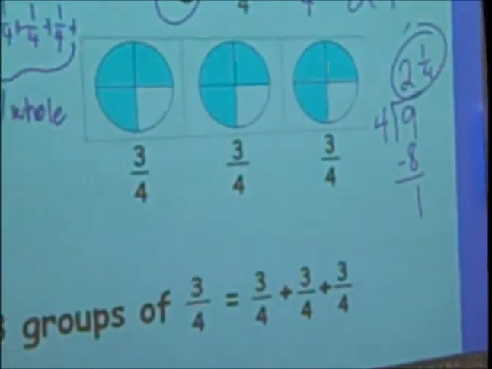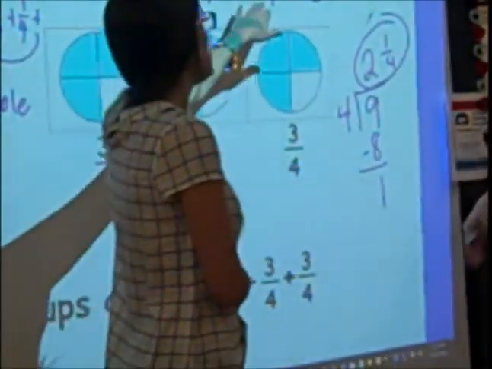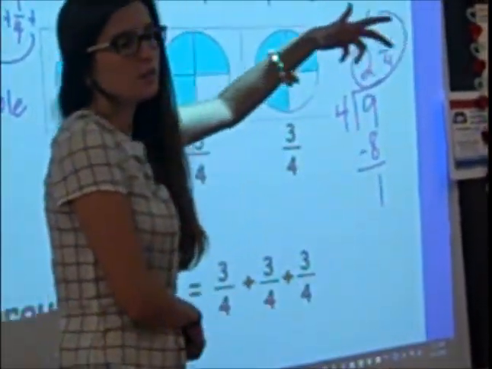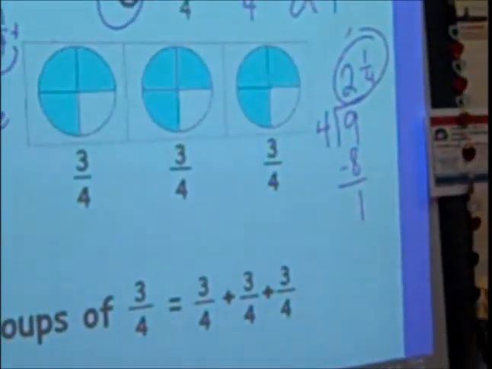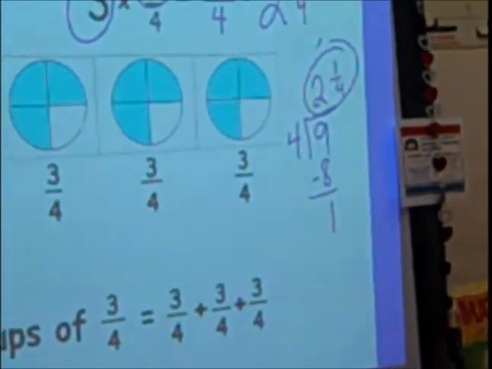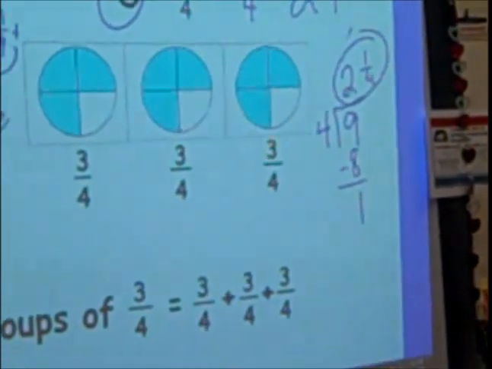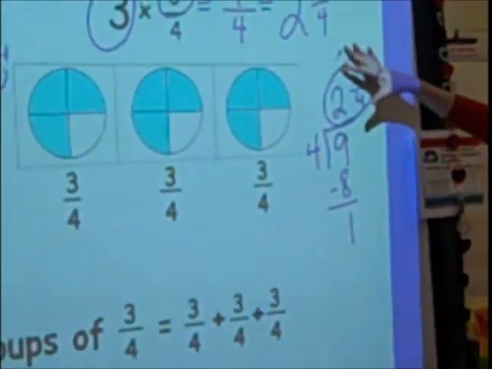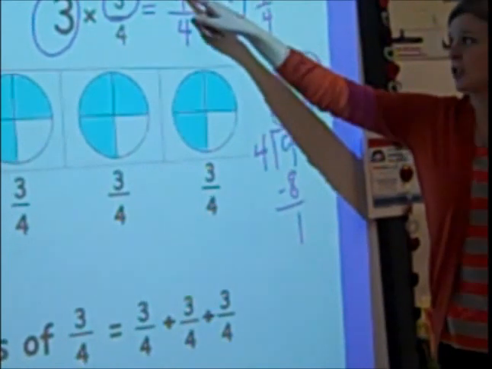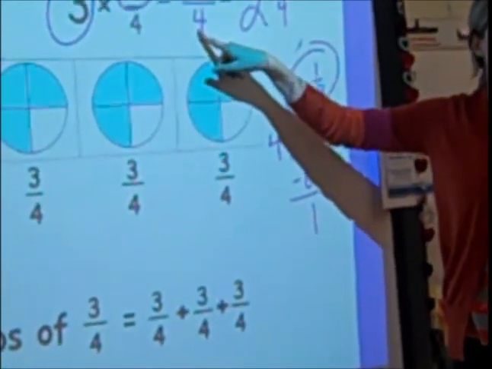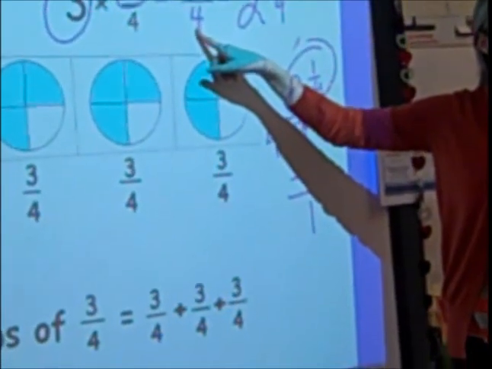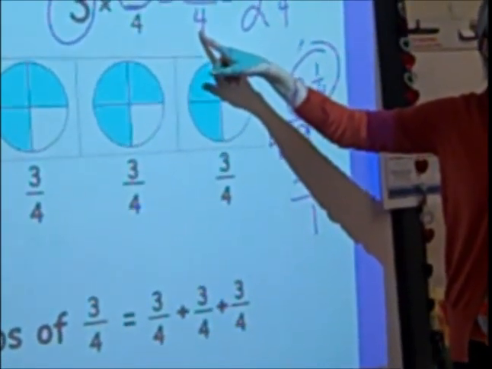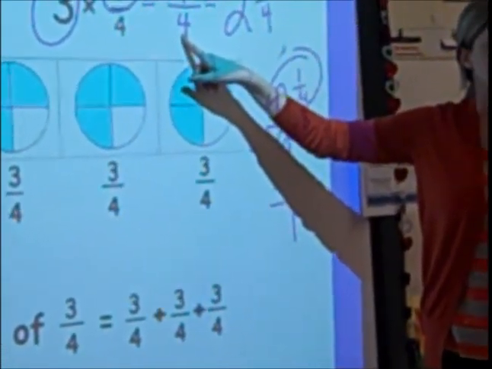So the hope is eventually they would see, oh, well, I know that it can go into that 2 times, or 2 times 4 equals 8, and that's close to 9, it's just 1 left over. So they may not be solving it this way, but they should look at 9/4 and think 4, 8. And they would have to do the simplification method and get to the 2 1/4.